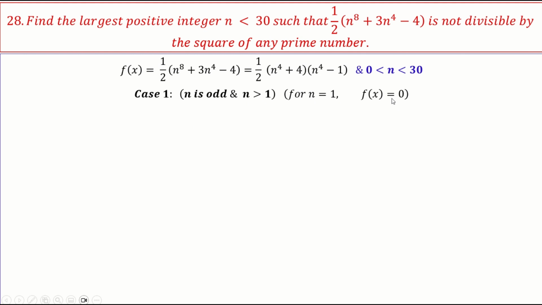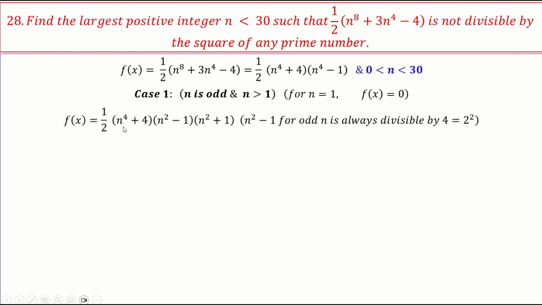So ignore that directly. You can substitute f of 1 and see, it will come 0. So 1 you forget, n is odd and starts from 3 to 29, which is what I am checking. How am I checking? f of x is nothing but half of n to the power of 4 plus 4 into n square minus 1 into n square plus 1.